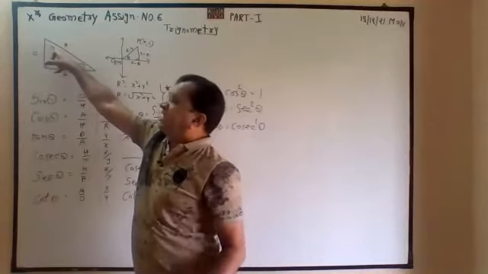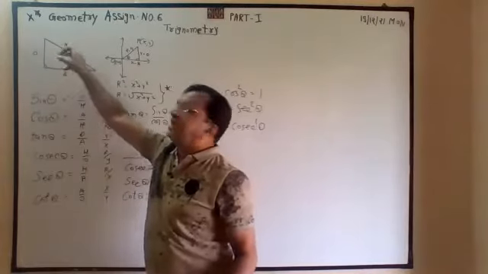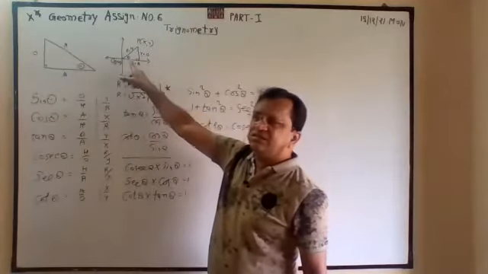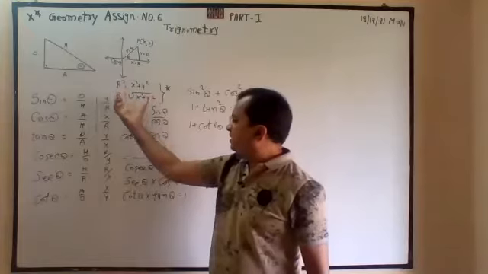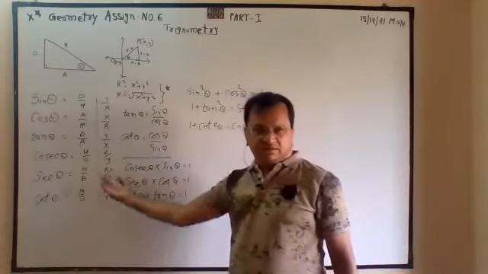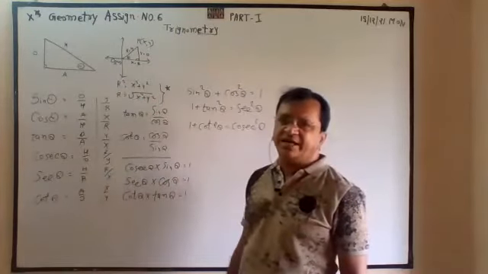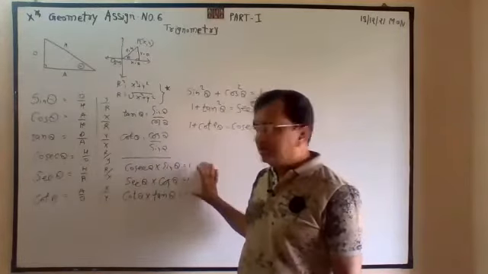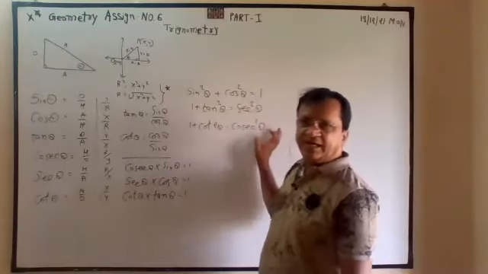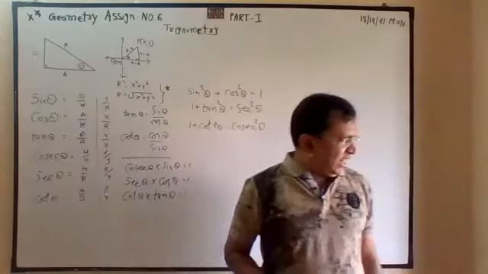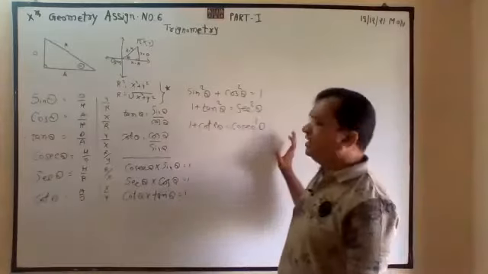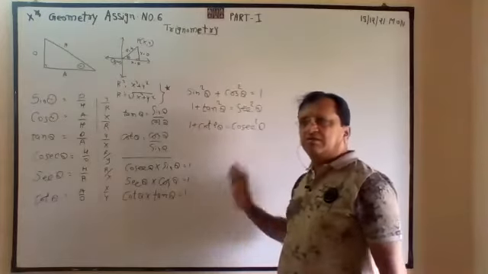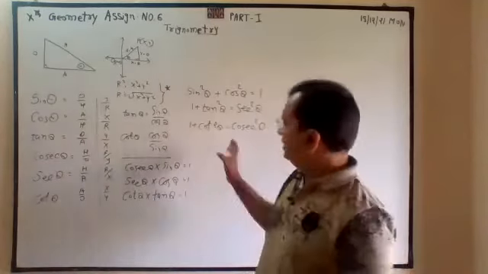If you take this theta, then this is opposite, this is adjacent, hypotenuse will remain same. And with the x-axis you make the theta, you can find the formula as per x, y and r. Then tan cot product is one, and three are the identities. These three identities are very important, because in proofs we will utilize this.